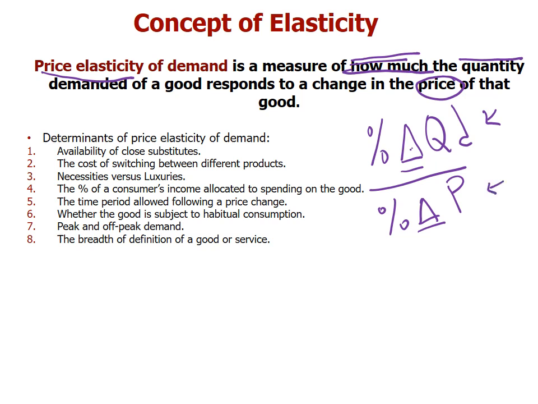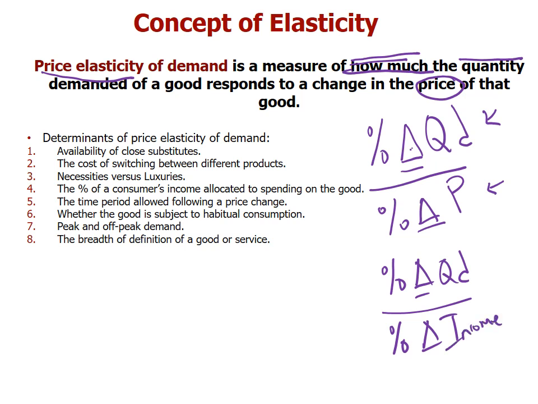We can also calculate the income elasticity of demand. That will be percentage change in quantity demanded divided by percentage change in income. So what's changing here? Demand is changing because of a change in income.